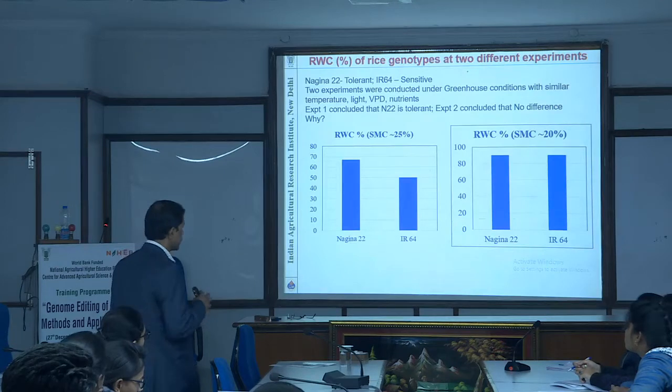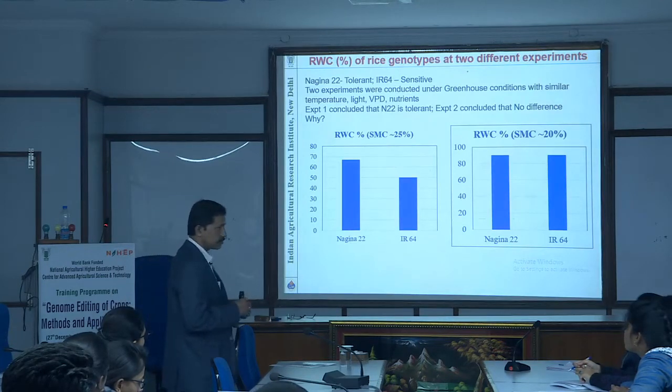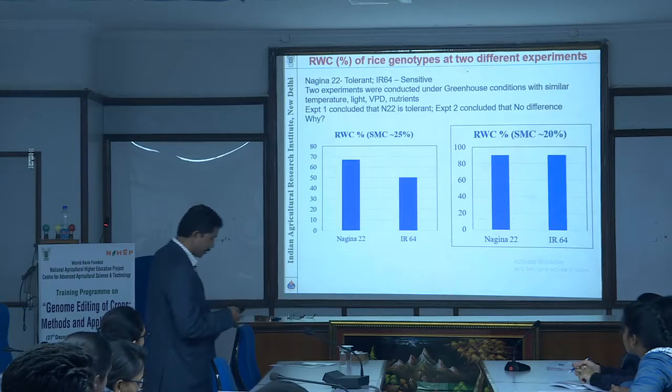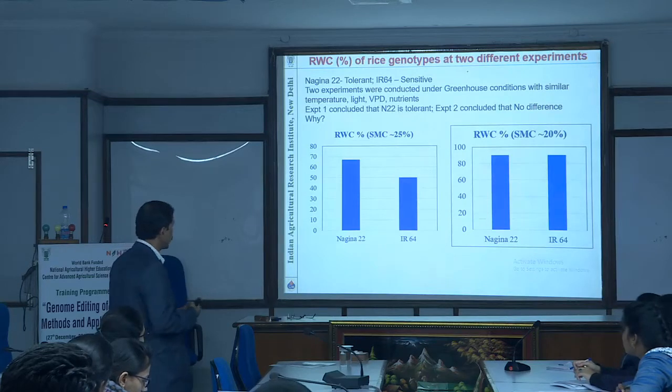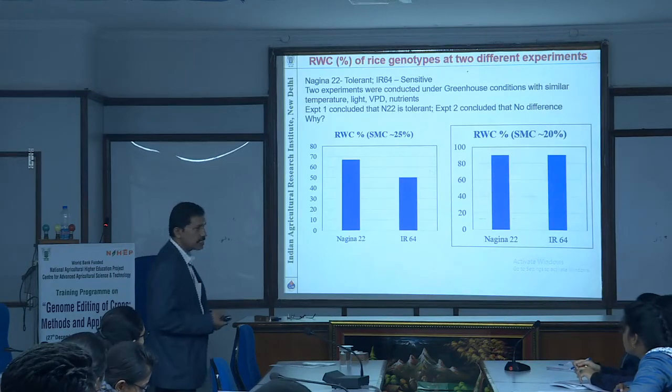So depending upon the soil matrix, water binds to the soil particle, and the soil matrix potential varies. Matrix potential means the extent to which the water is bound to the soil. If it is strongly bound, even though the moisture is there, it will not be able to reach the root, or the root will not be able to extract that soil moisture.